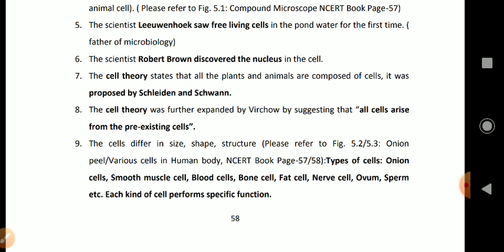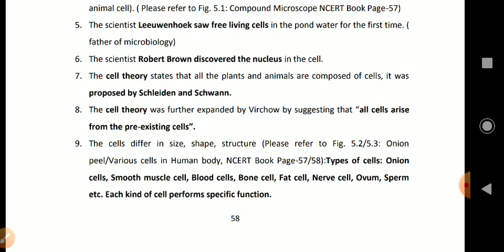The function of the nerve cell is to carry messages, so the nerve cell is long, so that it can carry the message fast. The function of the fat cell is to store fat, so the shape is round and the size is big. And the function of muscular tissue is contraction and relaxation of muscles, so the size is long and some elasticity is possible. Right?